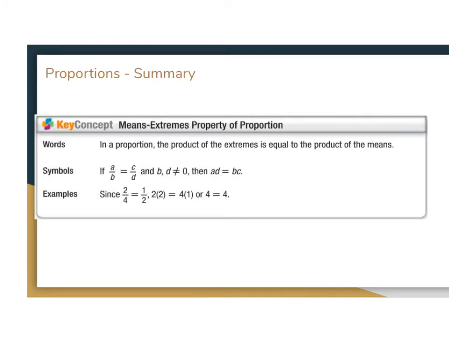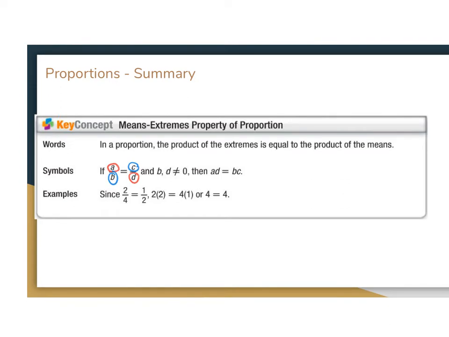So in summary, the product of the extremes is equal to the product of the means. So again, if we look here, we see that our extremes are A and D, and our means are B and C.